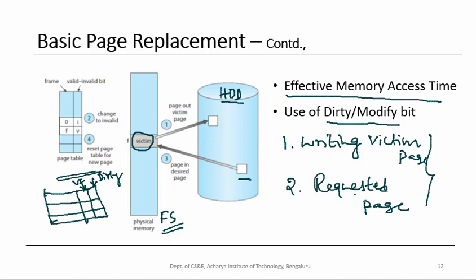So when a page which is present in the main memory is altered during the execution of a process, for example, let's say page 0 of process P is altered during its execution, then the dirty bit is made 1, which means that the page has been altered.